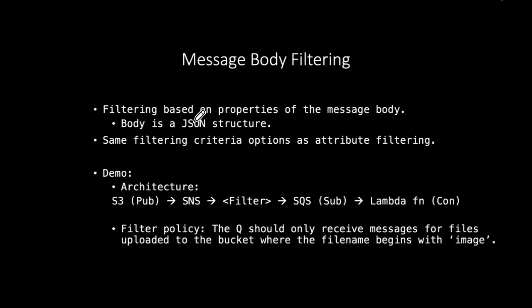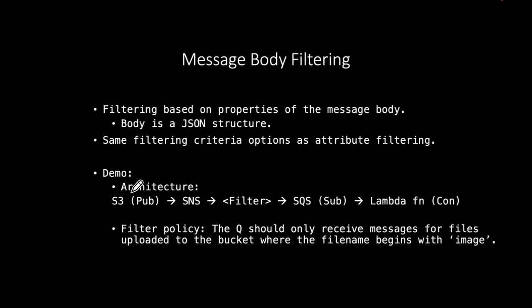You're ignoring the attributes. You could probably combine them. You can do a combination of body and attribute-based filtering, but we'll take them separately. I'm saying it's the same filtering criteria that are available to you. So it's string filtering, numeric filtering, and the exists filtering.